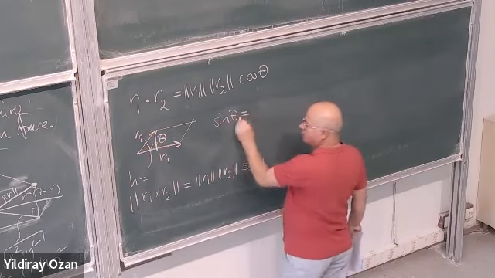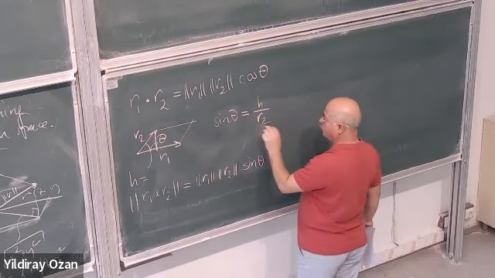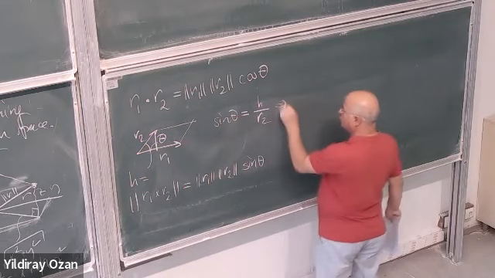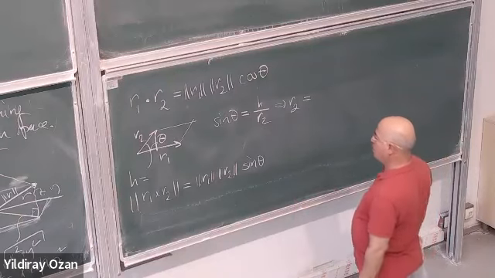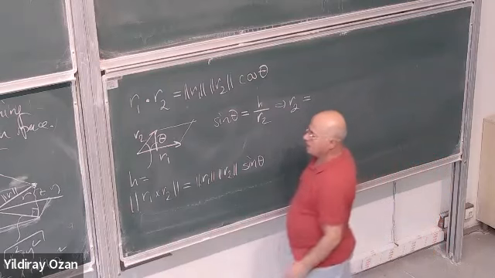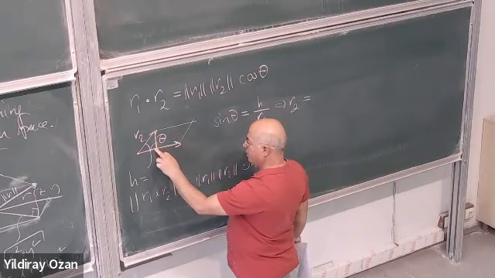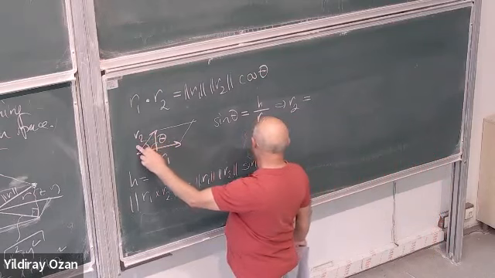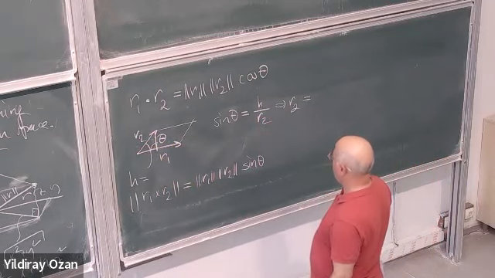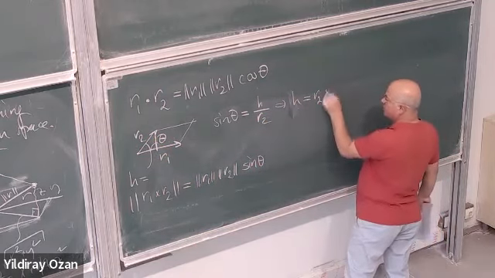Sine theta is h over R2, so h is just R2 times sine theta.